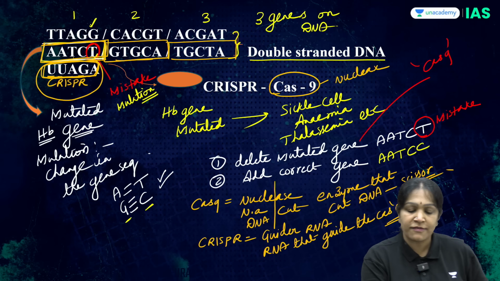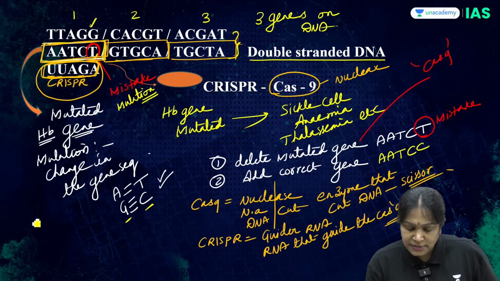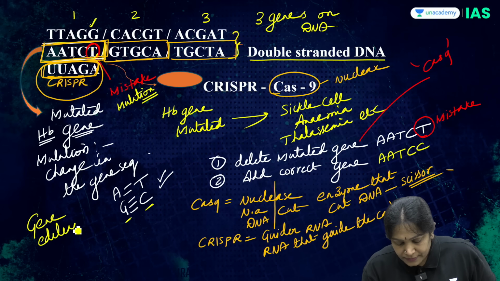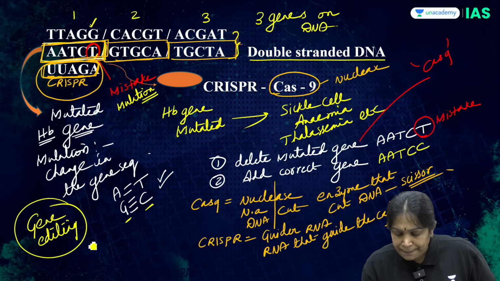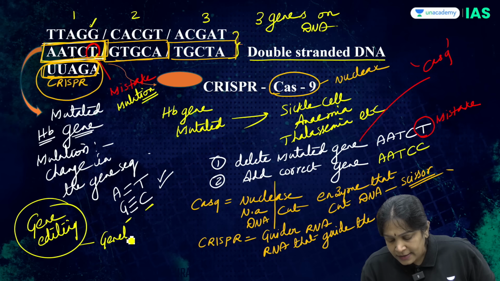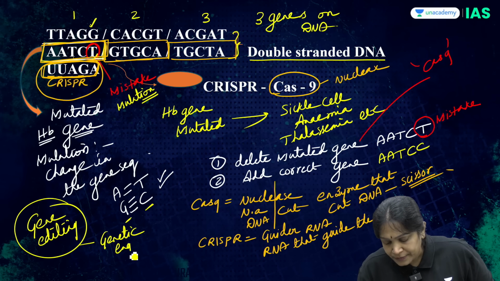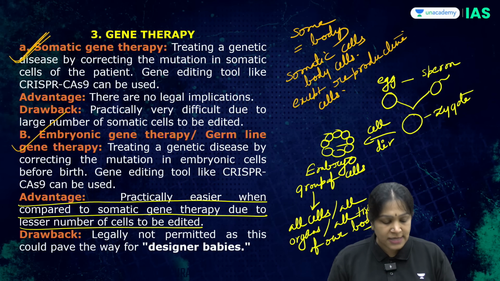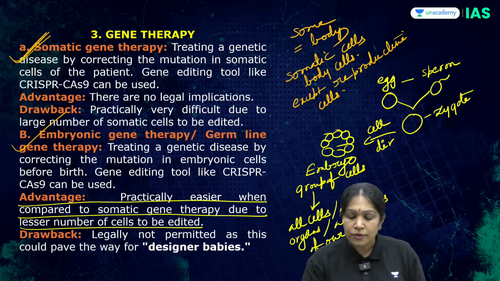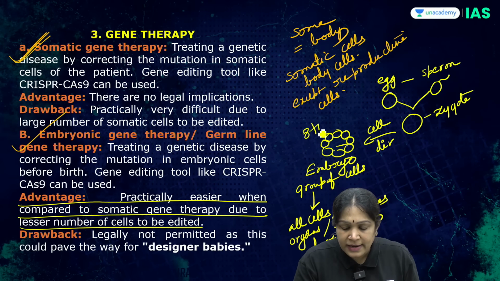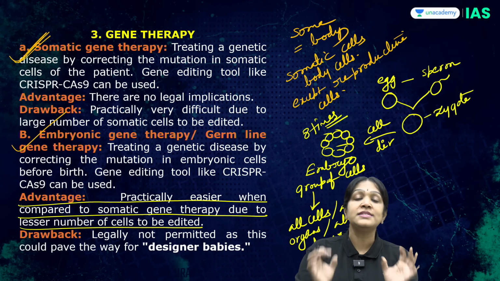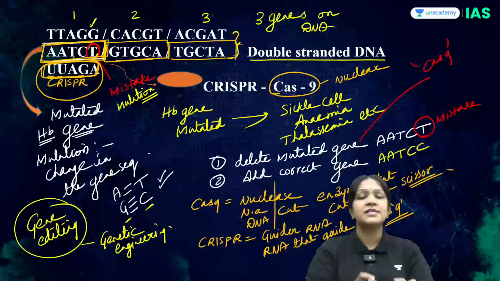This gene editing, we can also call this process as what? Gene editing. Gene editing is a part of genetic engineering. Is it clear? So if this gene editing is done in the embryonic cells, you have to do it only 8 times. But if you do it in my body cells, you have to do this trillion times. The procedure is the same.